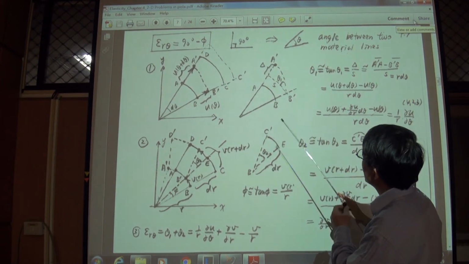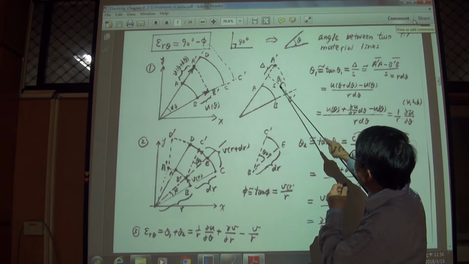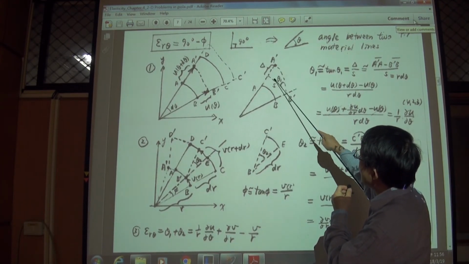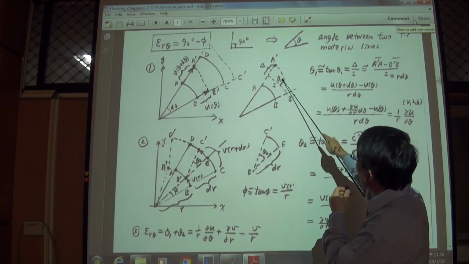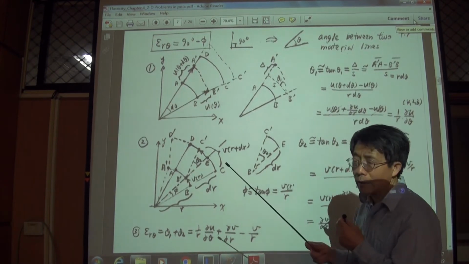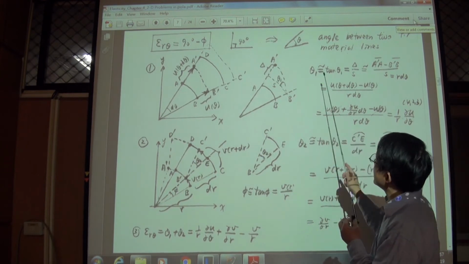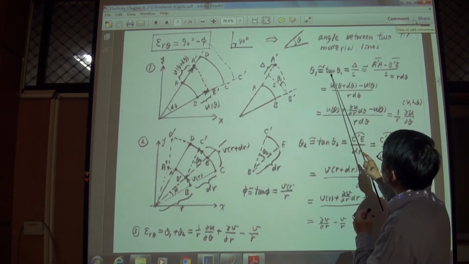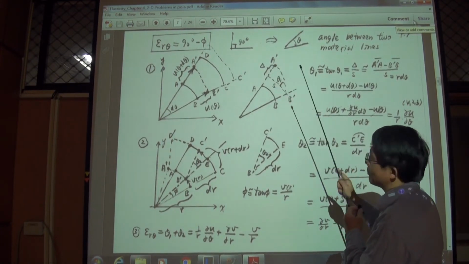So how to compute theta 1? Take it as a small right triangle, with a 90 degree angle. Because we consider the small deformation theory, theta 1 approximately equals tangent theta 1, and tangent theta 1 equals delta divided by s.